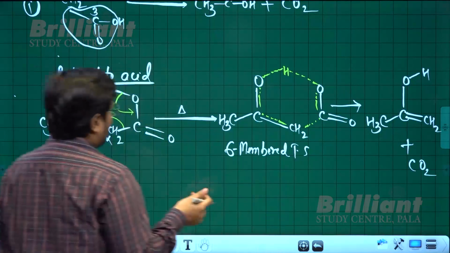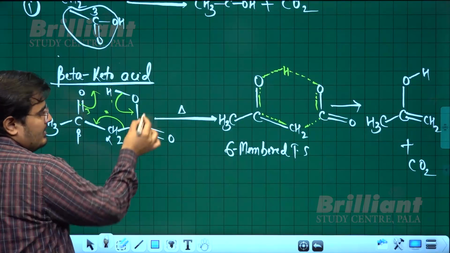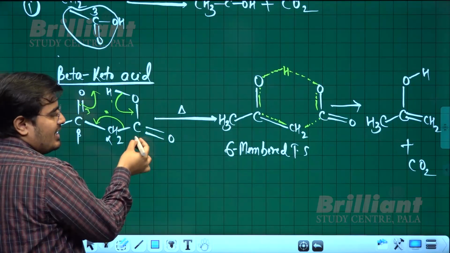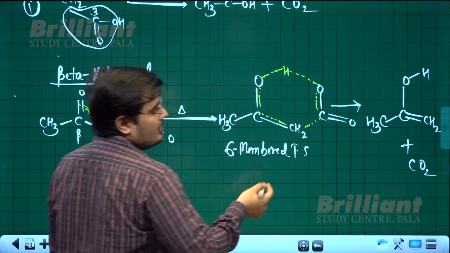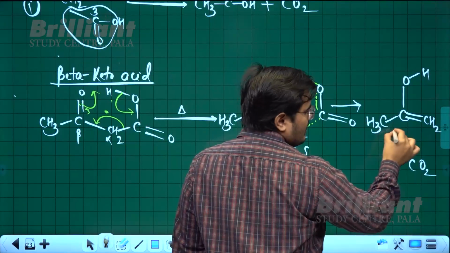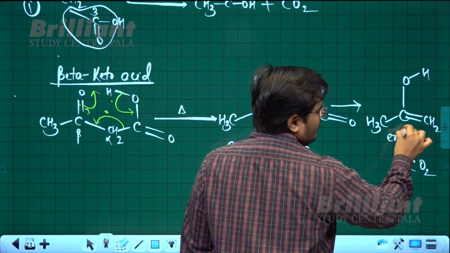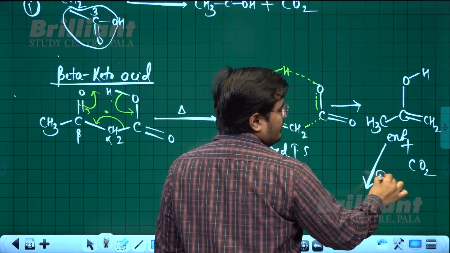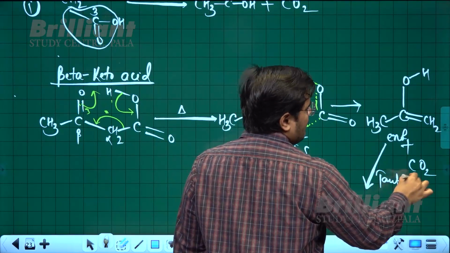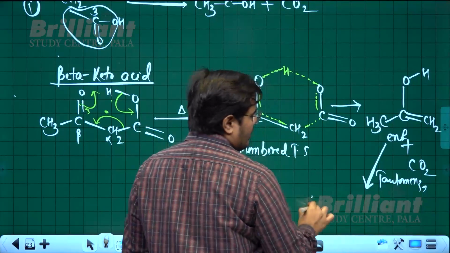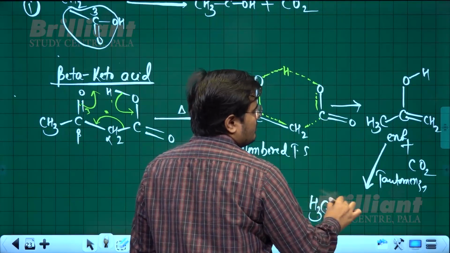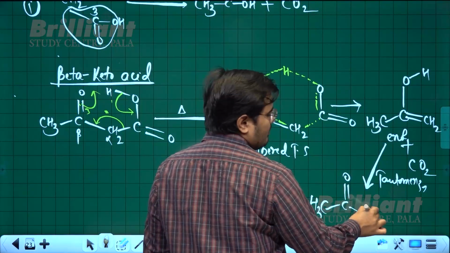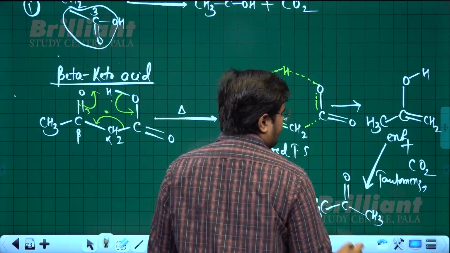So after decarboxylation, you see that the COO part of the carboxylic group has left in the form of CO2, and it results in the formation of enol. We know enol forms are less stable, so this will tautomerize back to your keto form. So you can write it as CH3, C double bond O, CH3.